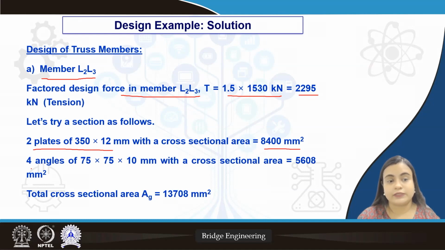Along with that, we can consider four angles of 75, 75, 10. That is going to have a cross-sectional area of 5608 mm square in total. So the total cross-sectional area comprising the plates and the angle sections is going to be 13708 mm square.